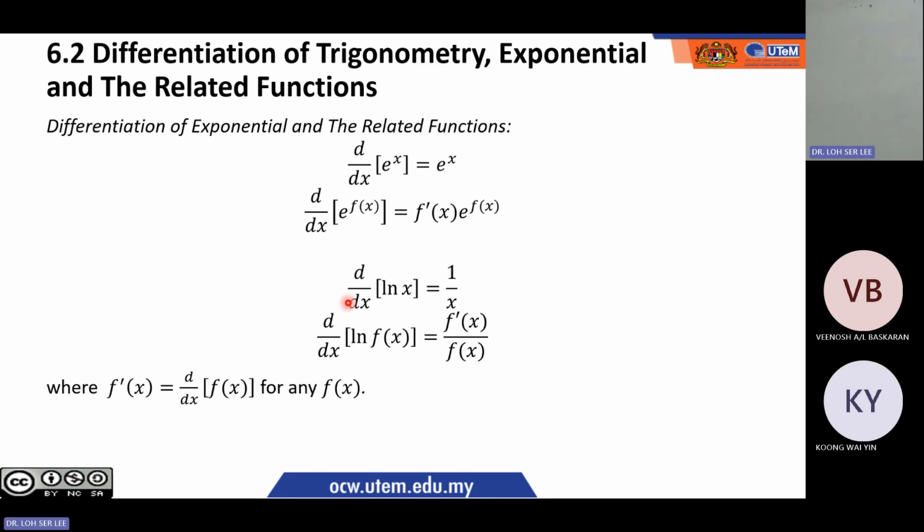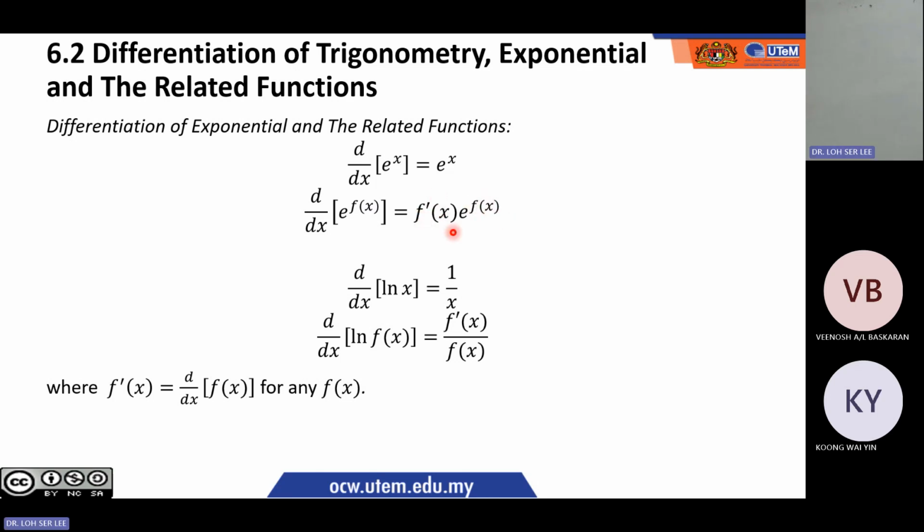And this is the formula for the exponential function. Normally we refer to e to the power of f(x). When we want to differentiate this kind of exponential function, you get the same function back, but you need to differentiate the exponent and put it here.